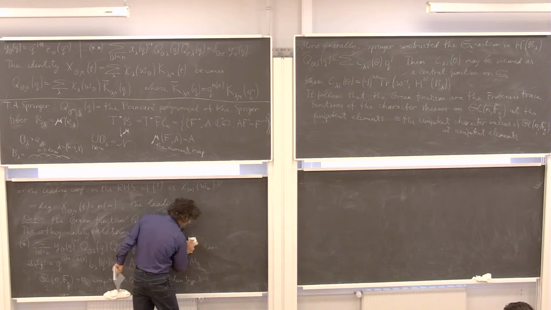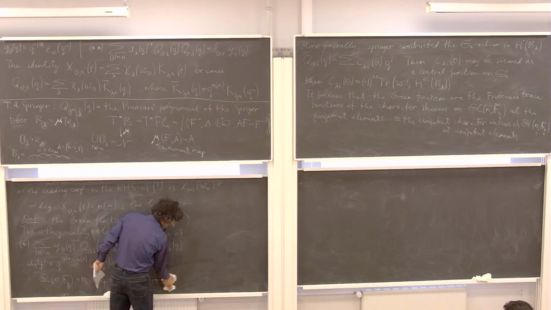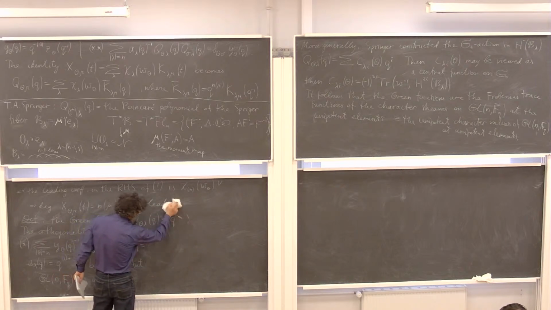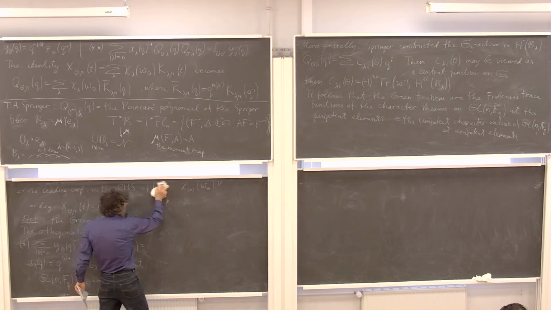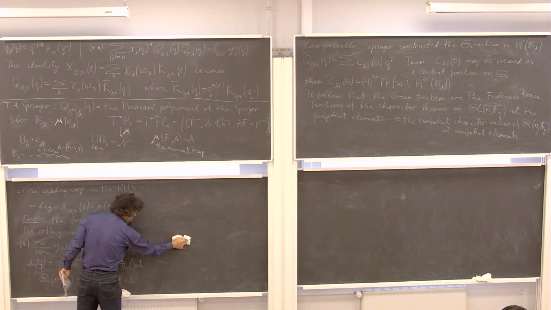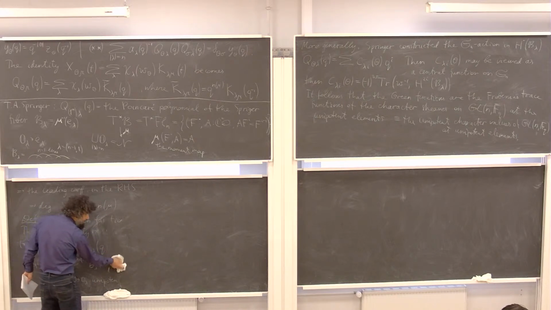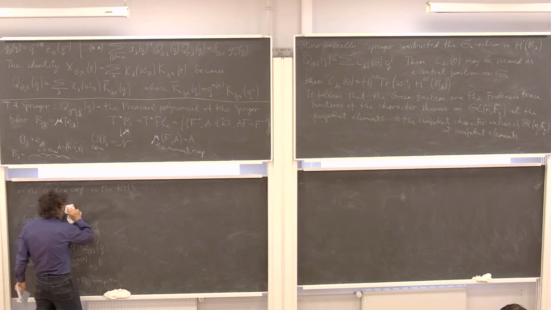Like, for example, if you consider the Riemann sphere P1, then you know that any regular function, let's say holomorphic or algebraic, is constant because of the maximum principle in complex analysis.